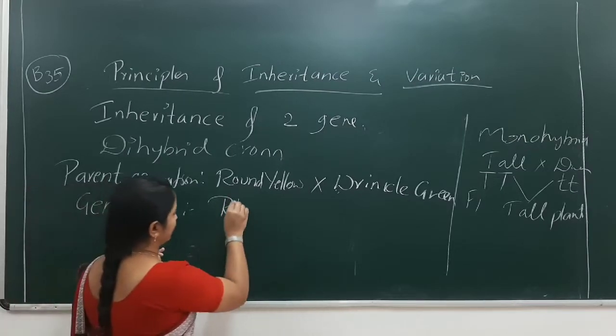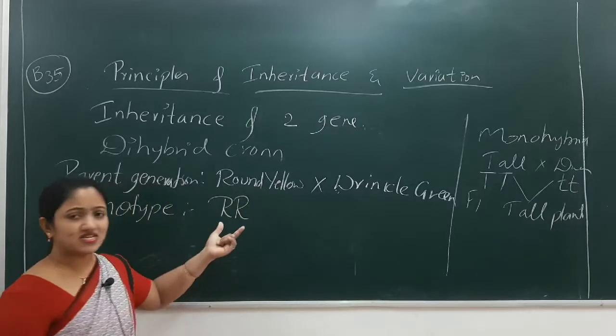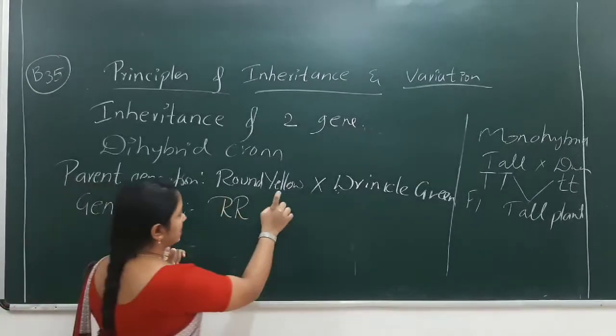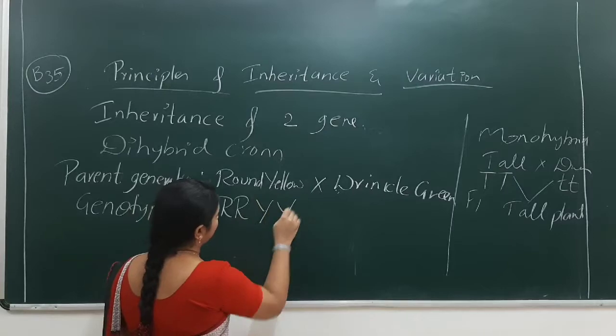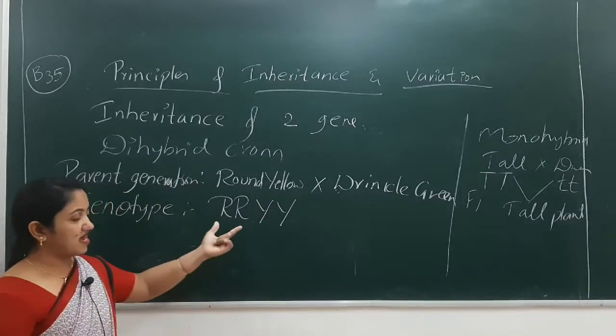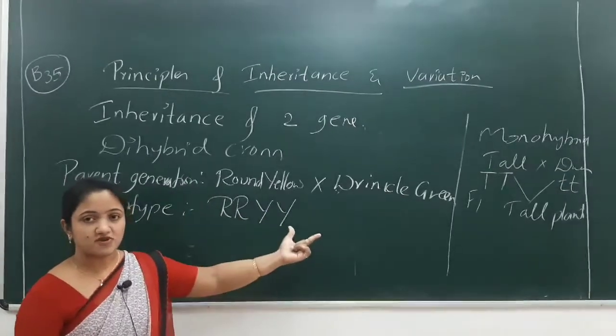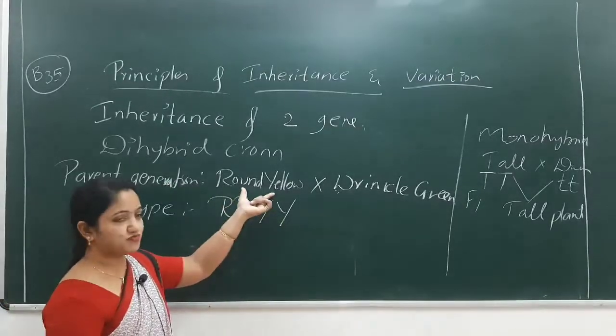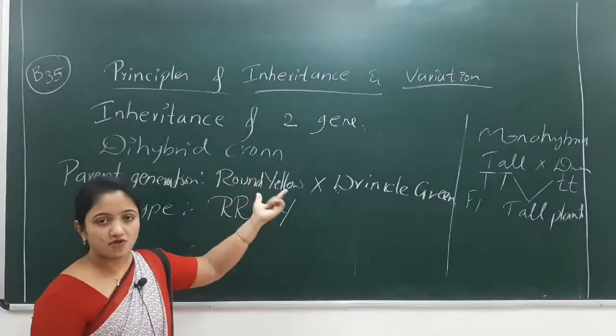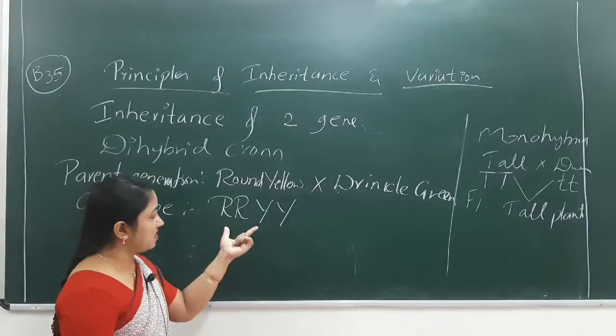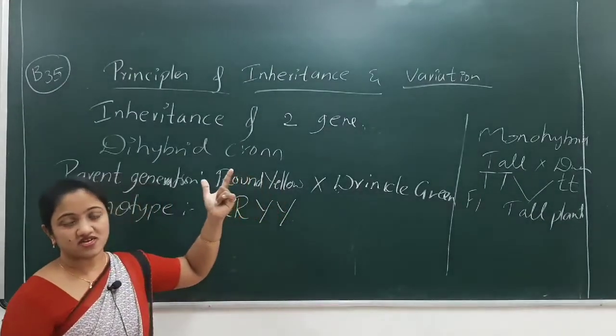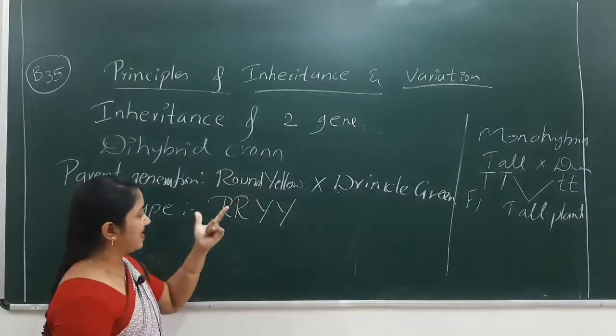We have to write a pair of alleles: capital R capital R, and for yellow, capital Y capital Y. Why did I write capital R and capital Y? Because these are pure lines, pure breed. There will be no heterozygous condition in the plant.